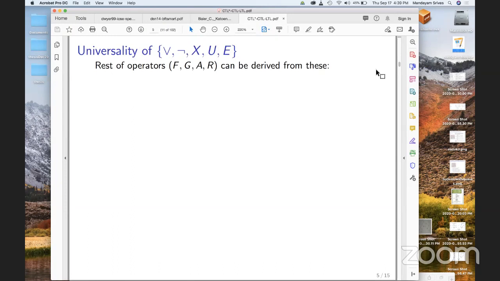By the way, historically, there's one Israeli person, Amir Pnueli, who got the Turing Award for linear temporal logic. These temporal logics have been known for ages by logicians, as early as the 1930s. They were all called modal logics.